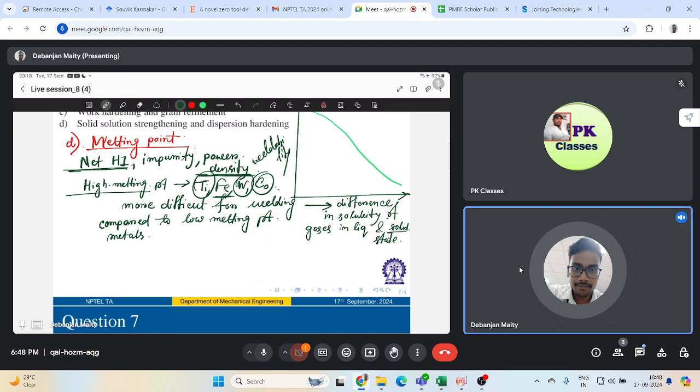Now, fusion welding of medium melting temperature metals is found to be comparatively easier as compared to these two extremities.